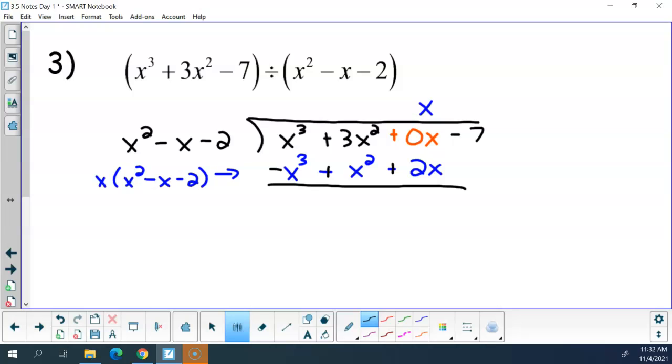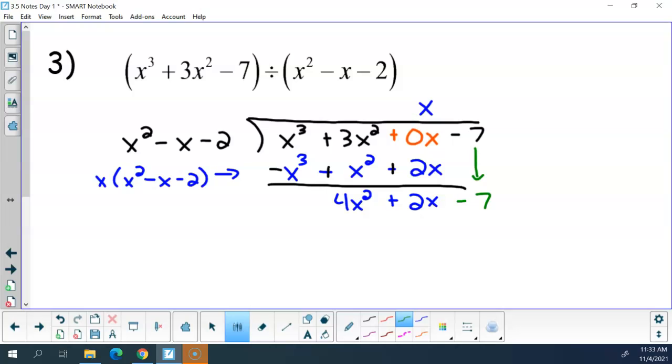Because that's my x column. 3x squared plus x squared, 4x squared. 0x plus 2x. Then what? Bring down the negative 7. And then it would be 1. No, it would be 2. Nope.